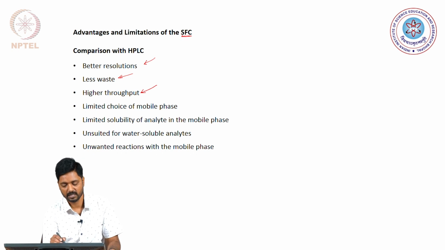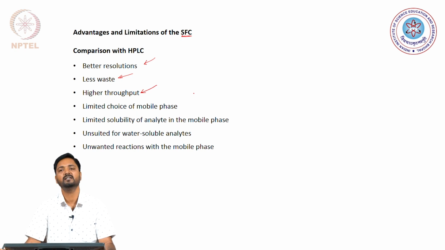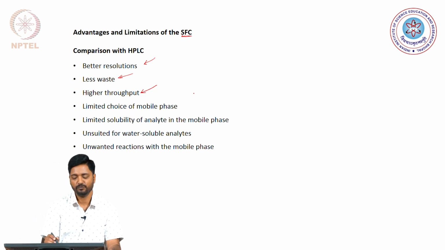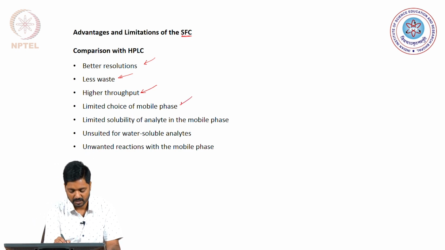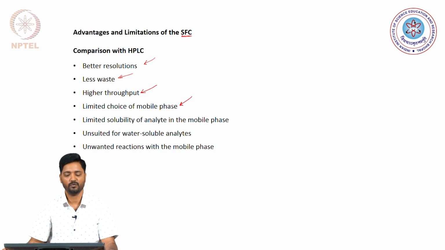However, there are clear limitations that have inhibited this technique from gaining widespread acceptance, and the first and foremost limitation is the choice of mobile phases. So, typically carbon dioxide is in many of the practical senses our only choice of the mobile phase.